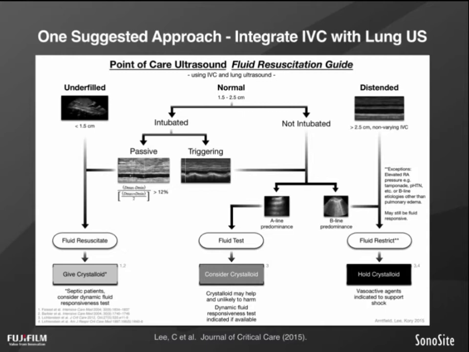And assuming the patient is not passive on the ventilator and is triggering or not intubated, then the use of lung ultrasound to help the indeterminate IVC and determine whether or not a patient has wet lungs or dry lungs will provide, I think, a better signal on balance than just the IVC alone, and help you determine who to consider giving fluids to and who to restrict giving fluids to.